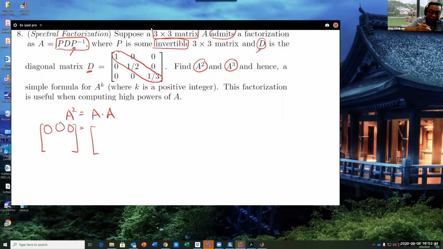Every element is an n squared operation, because you have n elements on the row and n elements on the columns, each multiplied and summed.